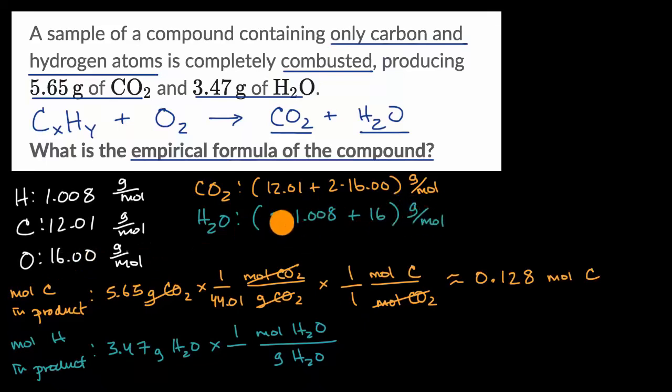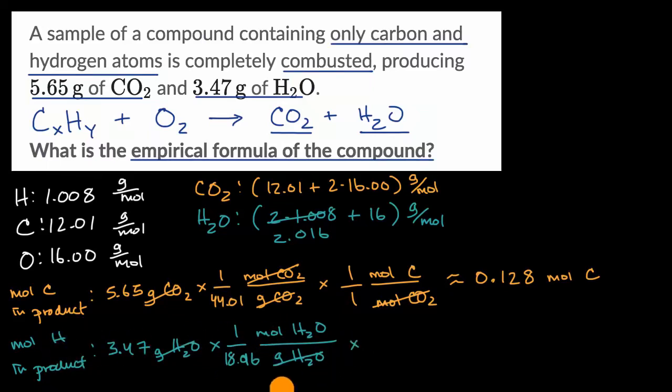And so this is going to be, let's see, 2 times 1.008. This part over here is 2.016. And then you add 16 to it. It's going to be 18.016. And then if I just calculated this, this would give me how many moles of water I have in my product. But I care about moles of hydrogen.